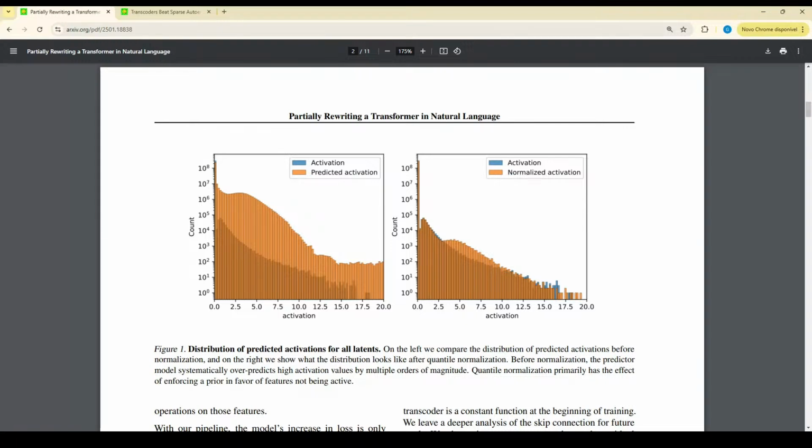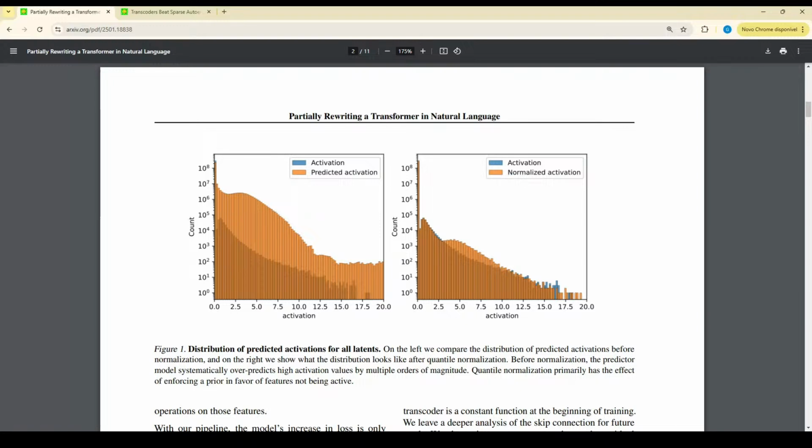But by incorrectly identifying that the latent is active 10% of the time, it over-predicts the distribution of activations by a huge amount. This is not for a single latent, this is in general, but because this is the distribution, you can assume that if we were to look at individual latent predictions, they would look bad as well.